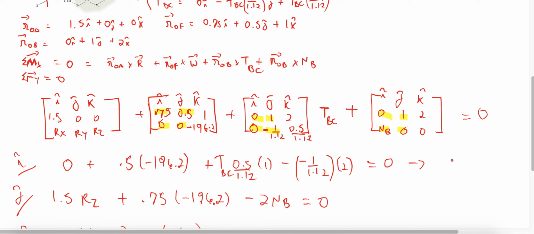And this is all multiplied by 0.5 divided by 1.12. I think so. And we get that TBC is equal to 43 newtons.